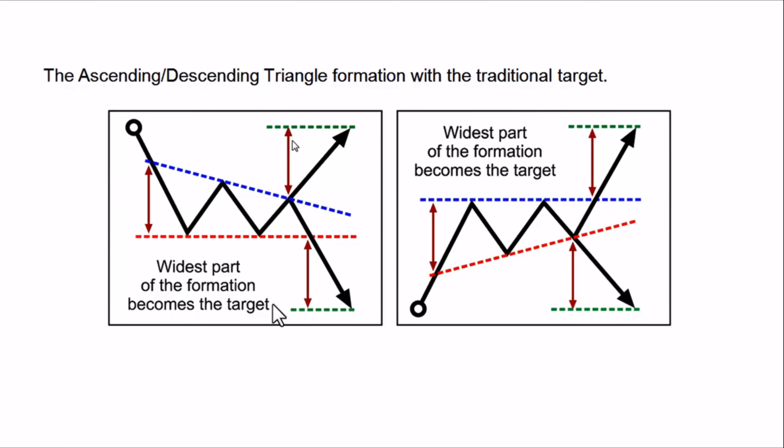We talk about ascending and descending triangle formation with the traditional target. If you are trading this, you may have a 2-to-1 risk-reward ratio, where the 1 should be your stop loss, and the 2 will be double the stop loss you placed, in either direction. These things are under probability. If you want to place this, you measure from this area where the market begins to form that high. You place your line here and your trend line here, or a channel.